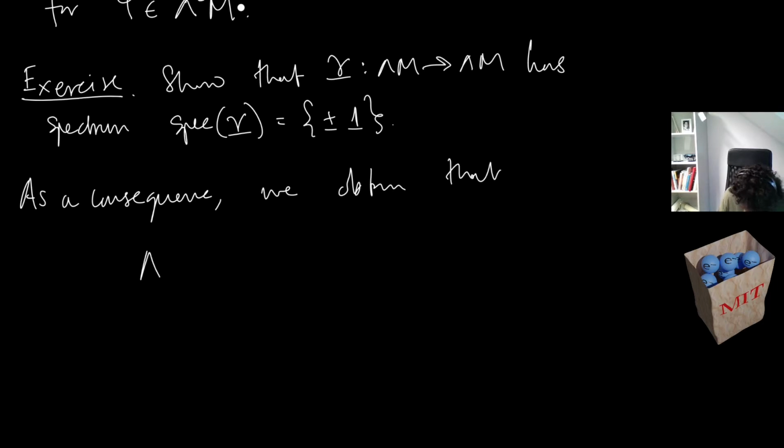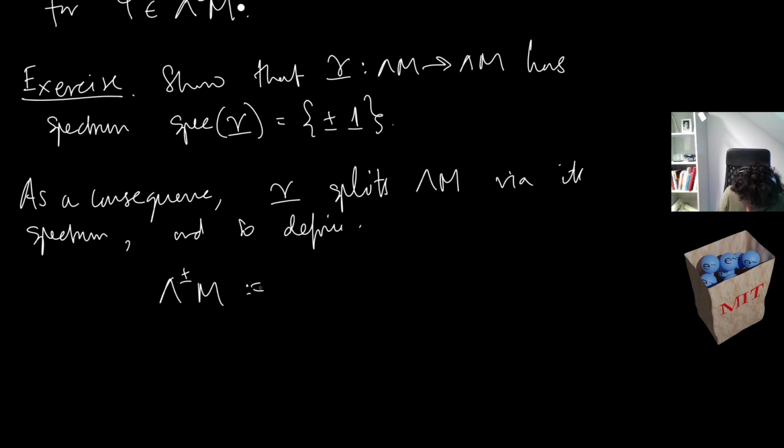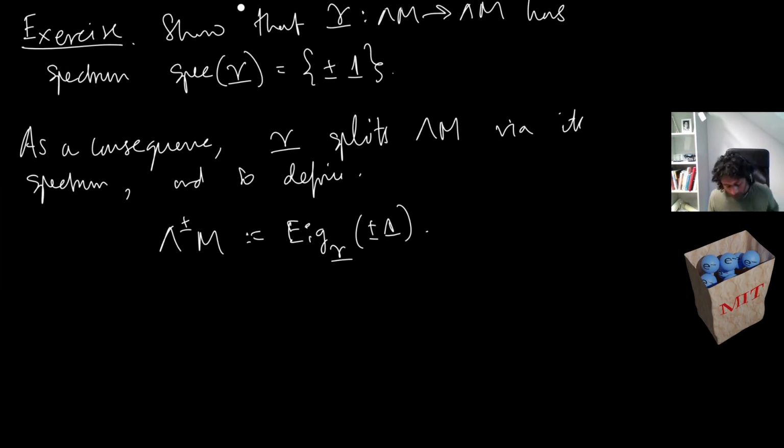So as a consequence, upsilon splits this bundle via its spectrum, and so define Omega plus and minus of M to precisely be the plus and minus eigenspaces of this operator upsilon.